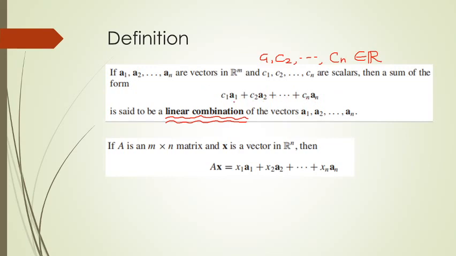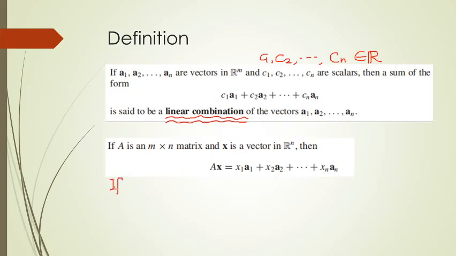Then what do those C1, C2, and Cn mean if we represent AX as a linear combination? Those C1, C2 until Cn are actually the solution for the n by n system.